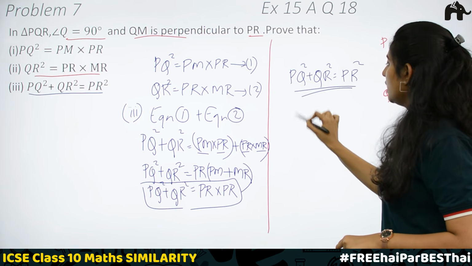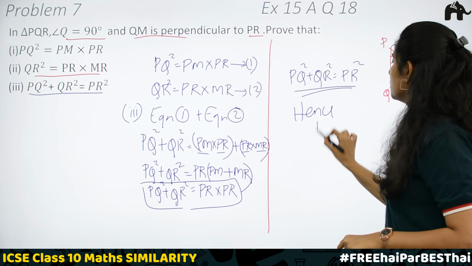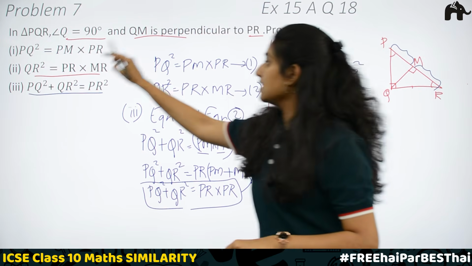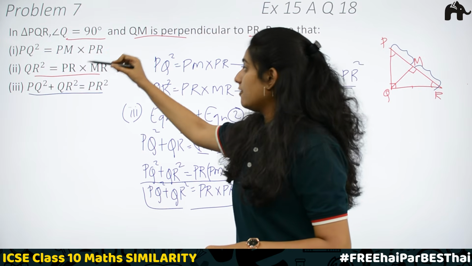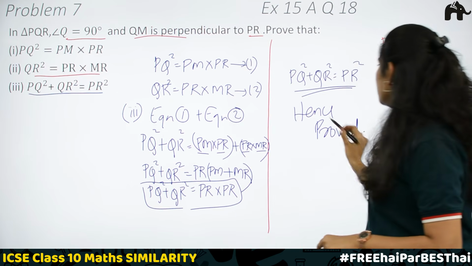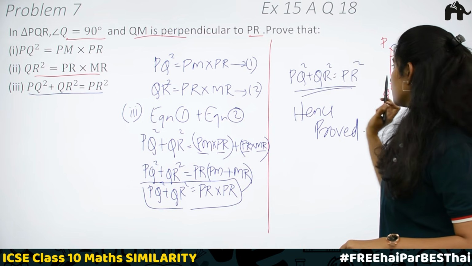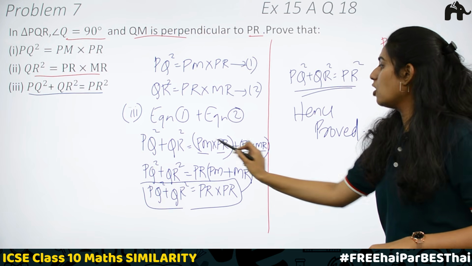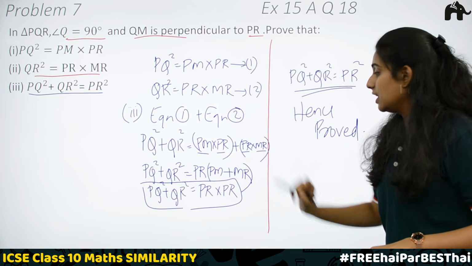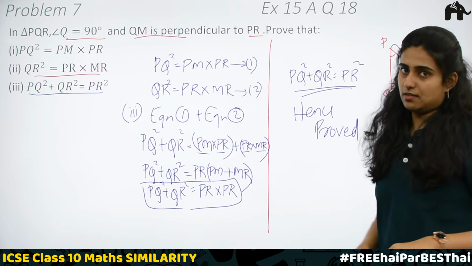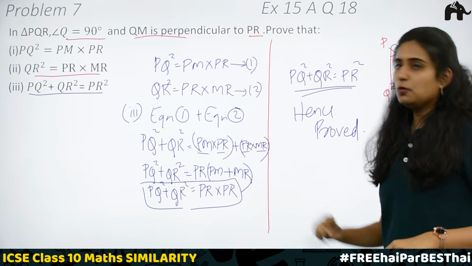This is the required proof. Hence, proved. So, the first and second we are doing separately, after which, just adding the first and second equations, we get PQ square plus QR square is equal to PR square. Only logic that we have used is taking common PR. After taking PR common, the remaining things when you add, you get the side PR. PM plus MR is equal to PR.